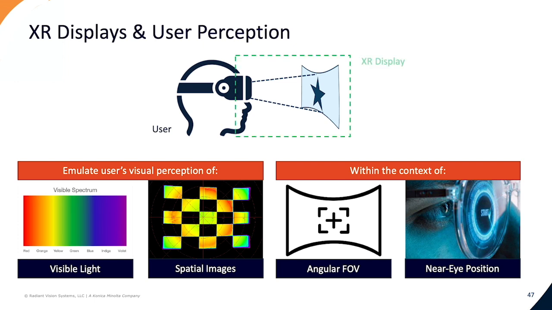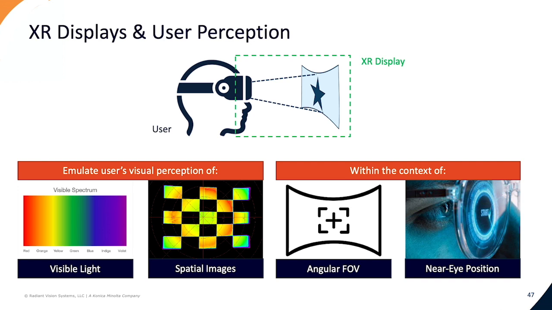The XR display is the combined visual elements produced by integrated displays, projection units, and associated optical modules within the device. The quality of an XR display is dependent upon a user's perception of the light relayed from the display over a spatial area.